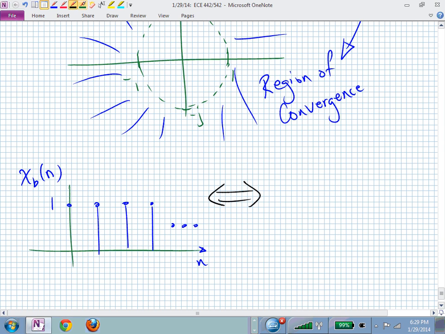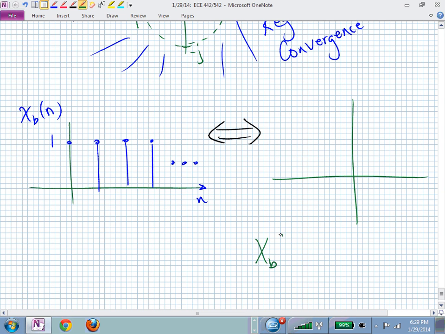Now, in terms of the z-domain pole zero diagram, what do I have? Do I have any finite zeros? Do I have a finite value of z that causes capital X sub b of z to vanish or to equal 0?